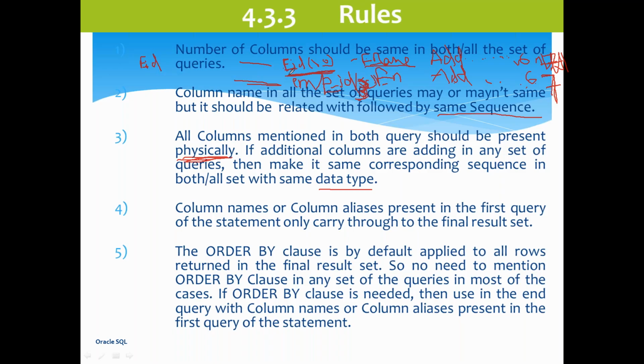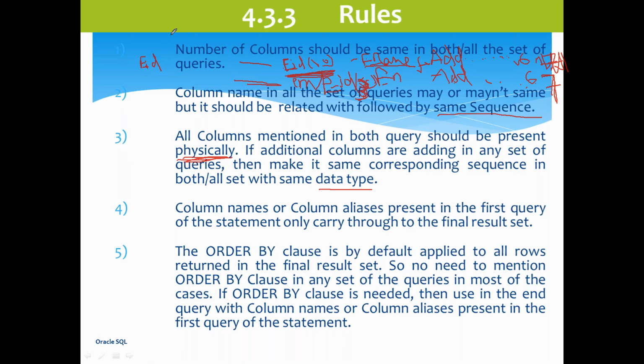So whatever column name is given in the first query, not in the second query, that only is displayed in the output column heading. If we have given some alias name, then that alias name will come. If you are giving a column name, then that column name will come. Suppose here for FNAME we give one alias name, suppose F, for this column in the first query.